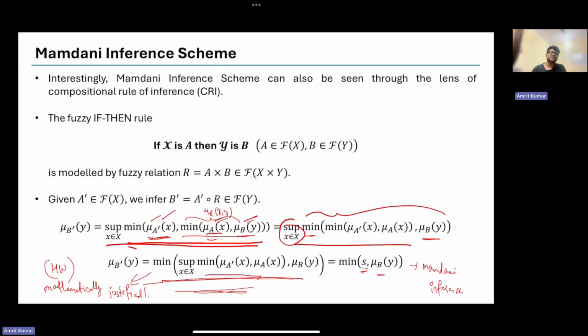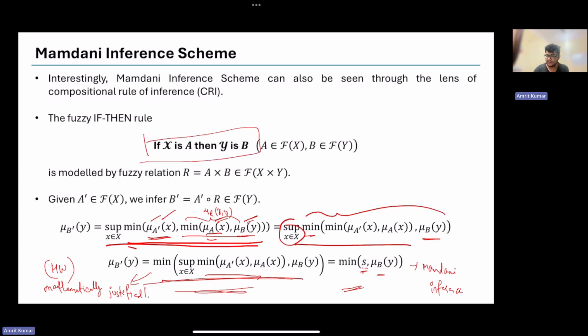And it is reasonable to question that, okay, mathematically it makes sense, right? We have shown that when you build your relation R using minimum operation, what you actually end up getting is basically the Mamdani inference, right? But does it make sense to build our relation R using minimum operation? Because I have said this so many times that the fuzzy relation R captures the conditionality which is expressed by this fuzzy if-then rule, right?